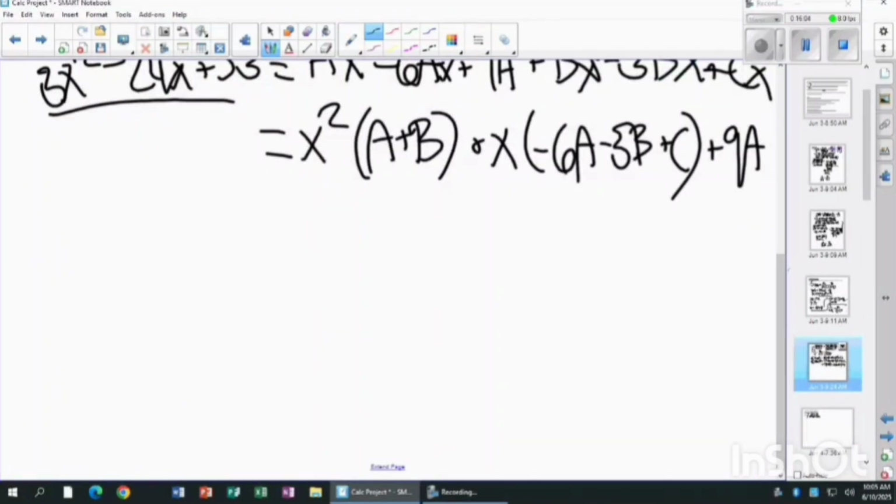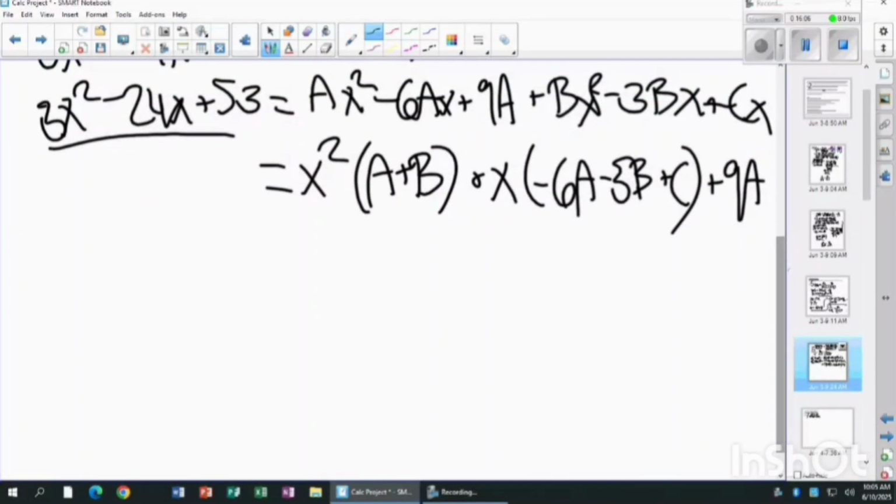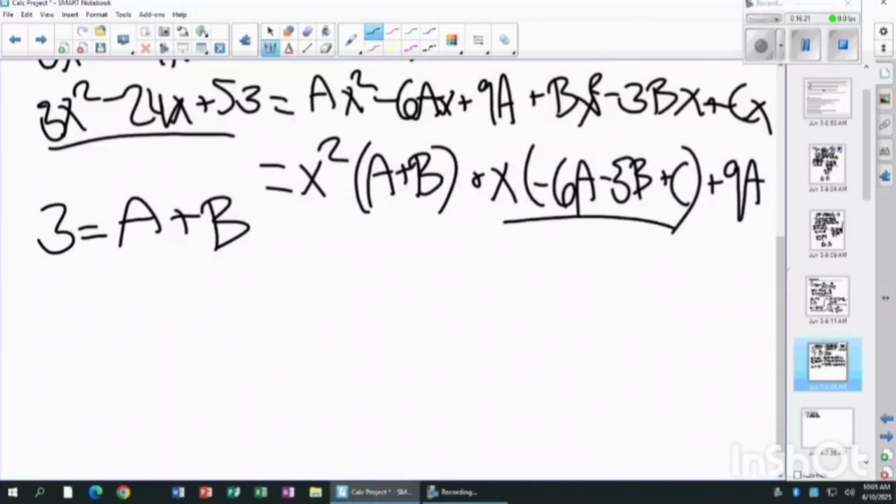And when we equate the like terms, 3x squared equals x squared times a plus b, so the x squared would cancel, 3 equals a plus b. Negative 24x equals x times negative 6a minus 3b plus c. The x's would cancel.